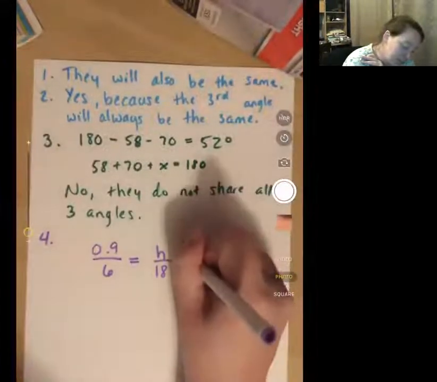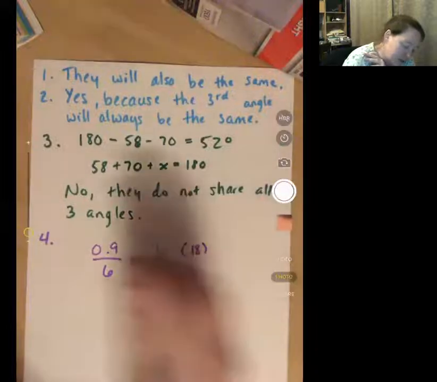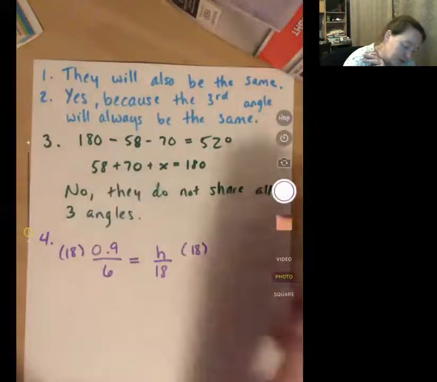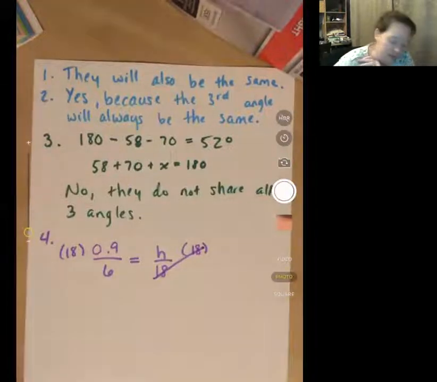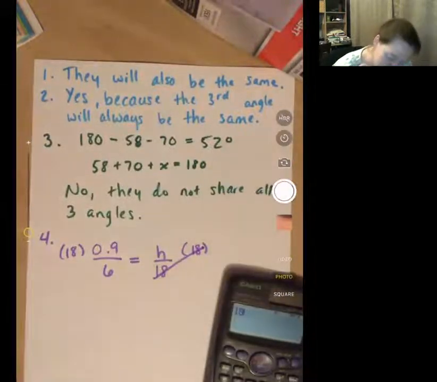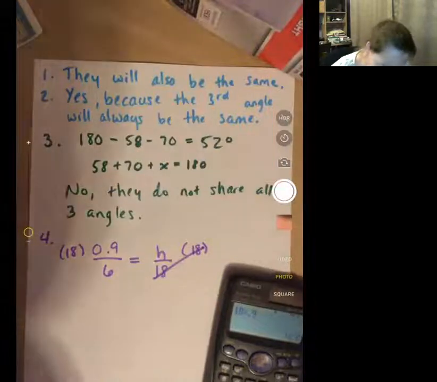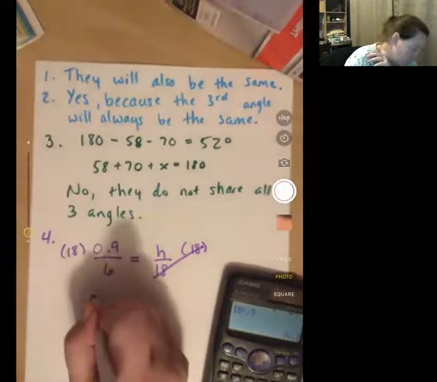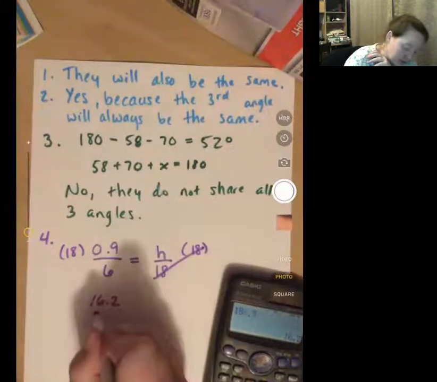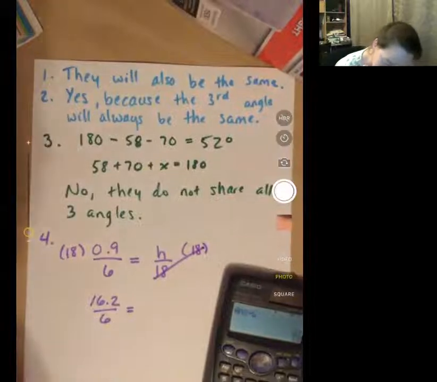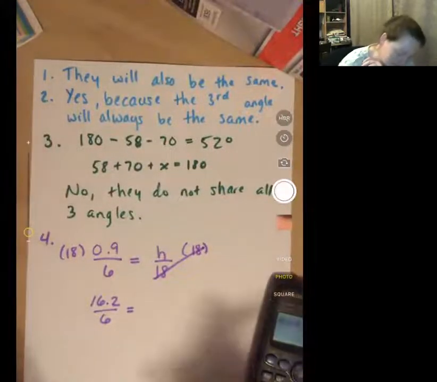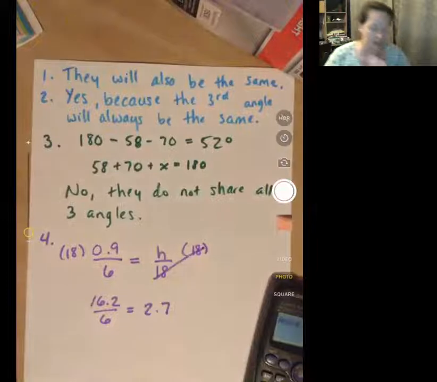They multiplied by 18 on both sides. So we're going to cross that out. 18 times 0.9, 9/10, equals 16.2 divided by 6 equals 2.7. That still gave us exactly the same height.